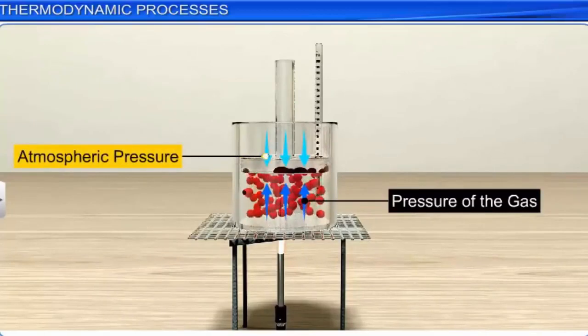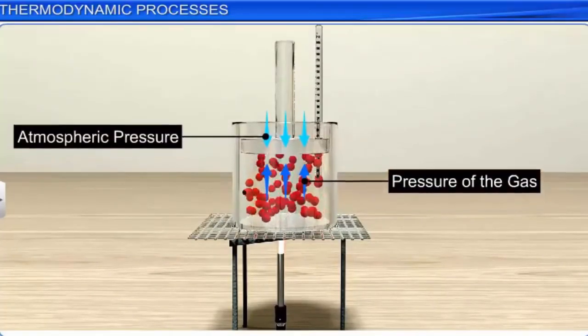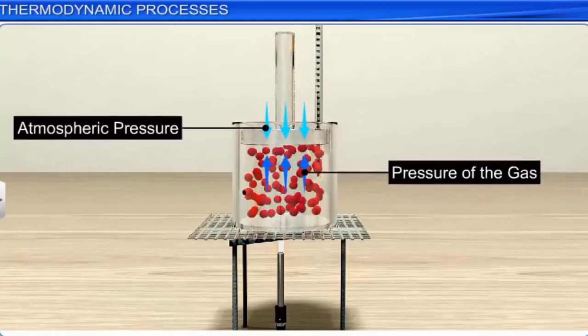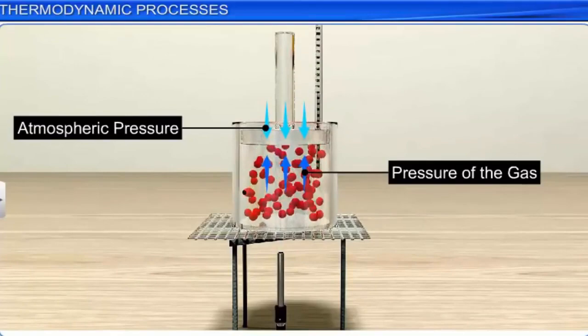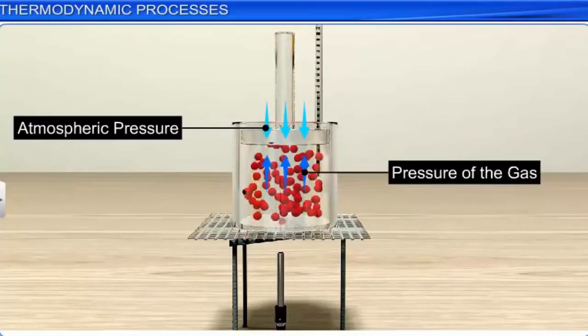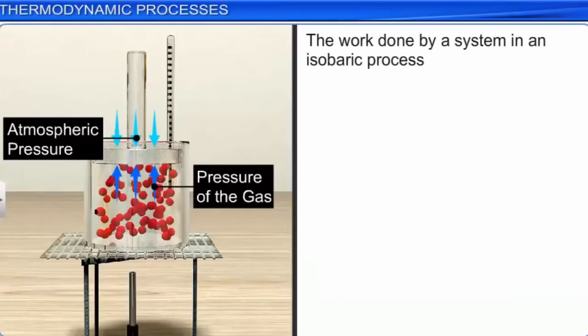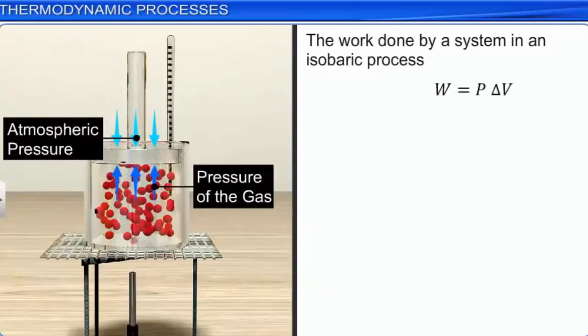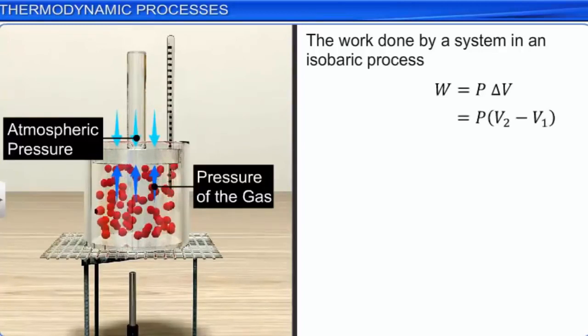In this case, a part of the heat absorbed is used to increase the internal energy of the system, and the remaining heat is used to do work. The work done by a system in an isobaric process is W is equal to P delta V, which is equal to P into V2 minus V1.